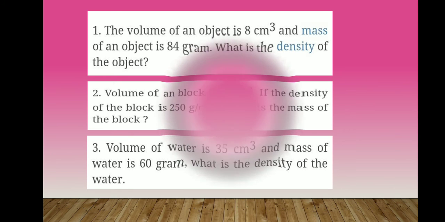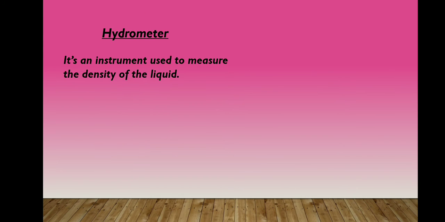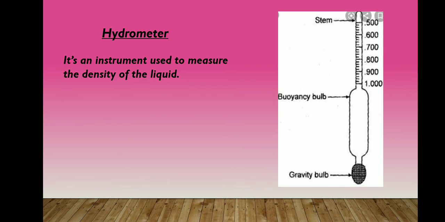Now let's move to another part, the instruments to measure density. Here there is an instrument called a hydrometer. A hydrometer is used to measure the density of a liquid. This is the hydrometer. It's made of glass. Here there's a stem and a bulb. Under this there's a bulb, the gravity bulb.